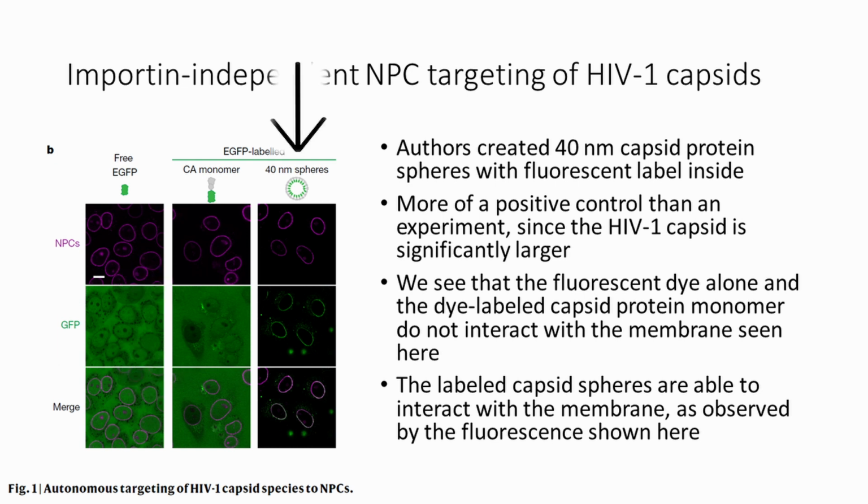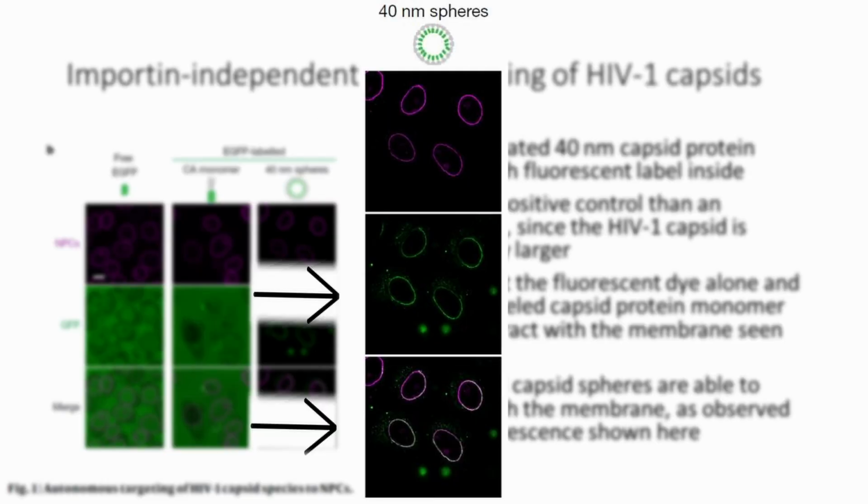Now, on the right-hand panel is really the actual experiment. This is the 40 nanometer sphere made out of the capsid protein, and it has the fluorescent dye on the inside. It's kind of a surrogate for our HIV-1 capsid, and that has undergone the same experiment as the other two panels where it's incubated with HeLa cells, and now you see that the 40 nanometer spheres are interacting with these membranes that contain NPCs.